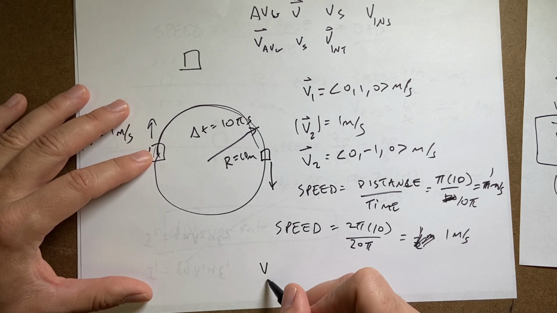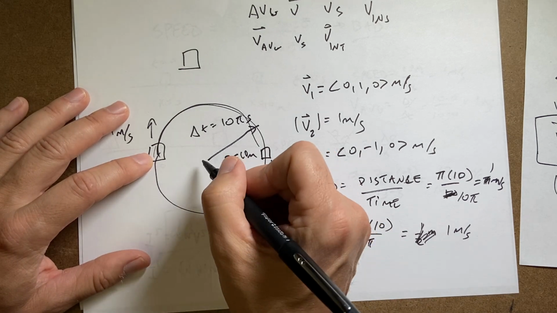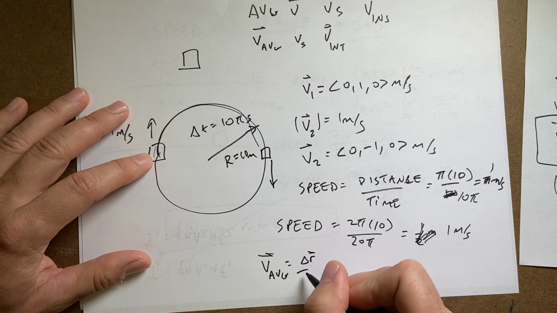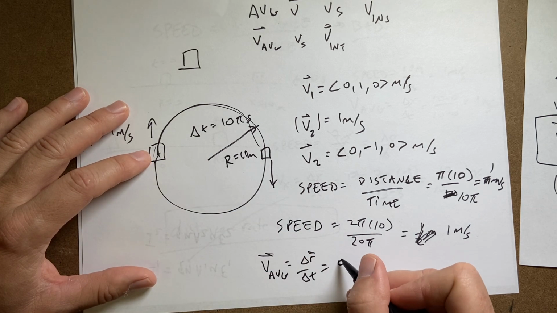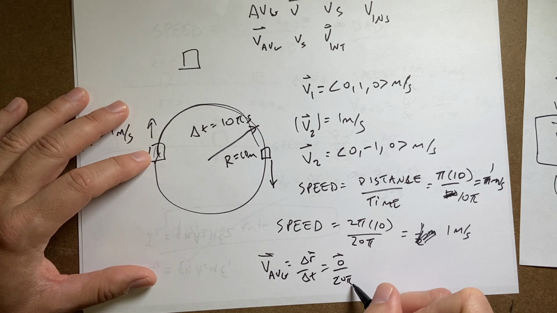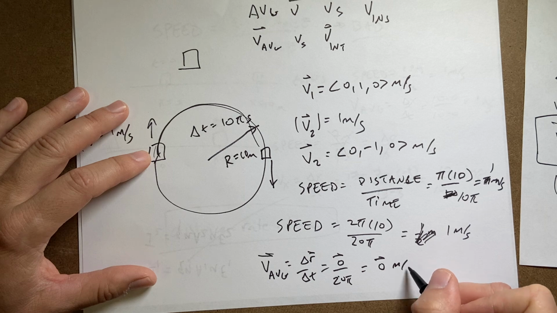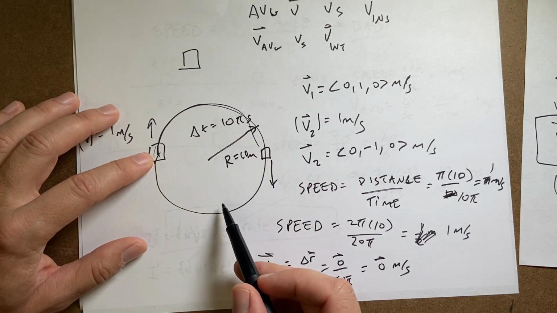But what about the average velocity? The average velocity is going to be the change in position over the change in time, but it started and ended at the same spot. And so that's going to be the 0 vector divided by 20 pi seconds, which is 0 meters per second. So the average velocity as it goes around here is 0.